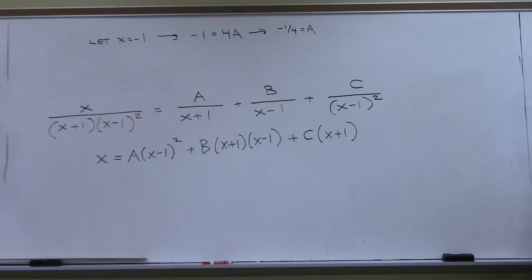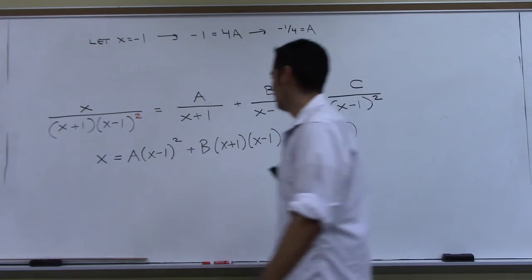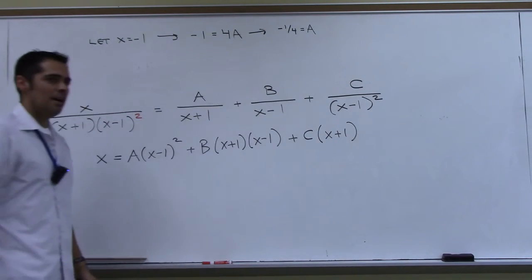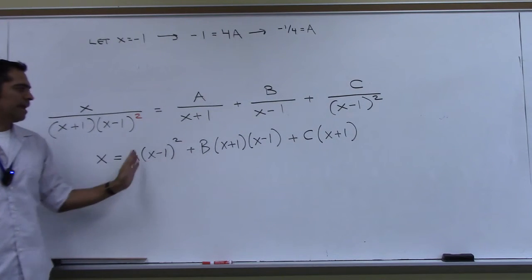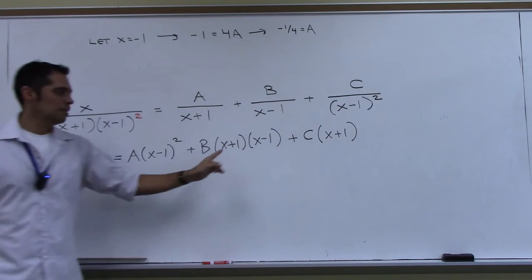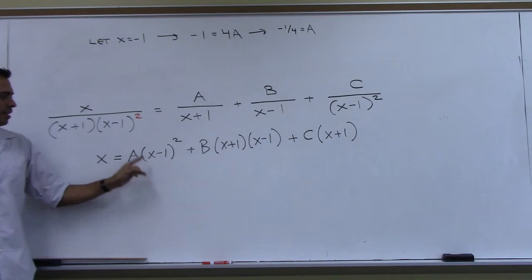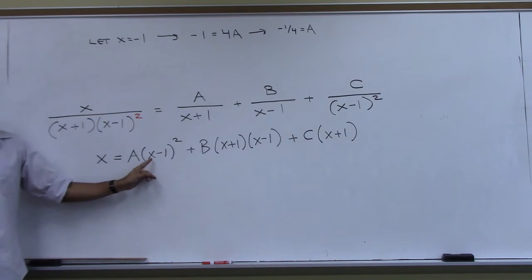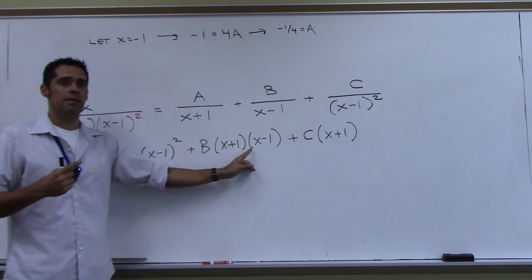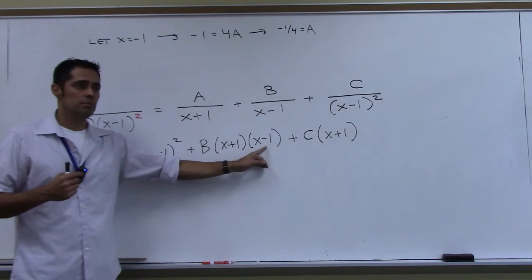Can you get b? Uh-oh. How do we get b? We have to kill off a and c, don't we? You can't kill off a unless you let x be 1, right? That's the only way you're going to kill a off. But if you let x be 1, you're going to kill off b, aren't you?